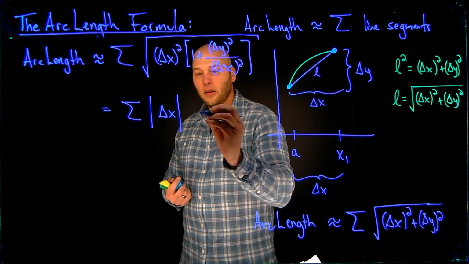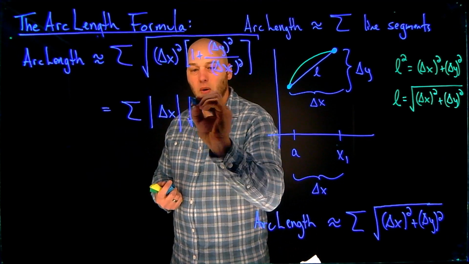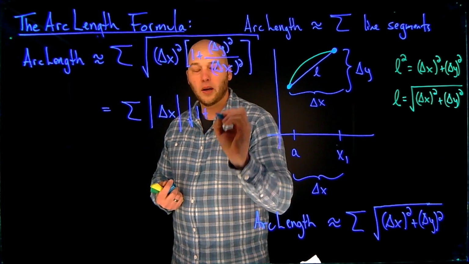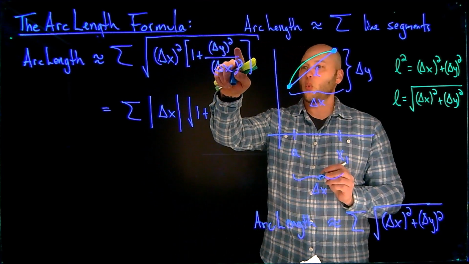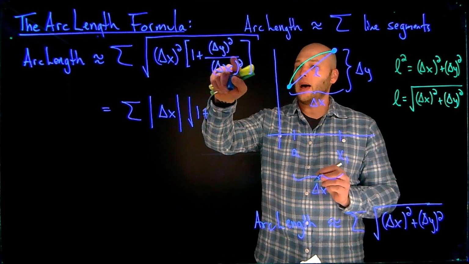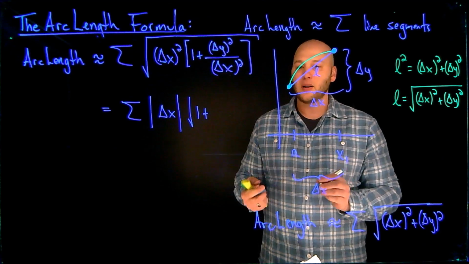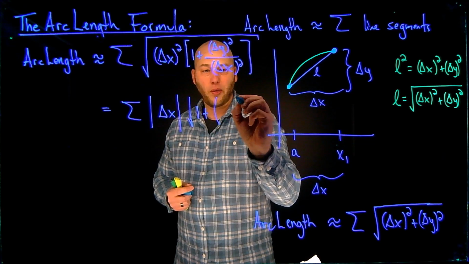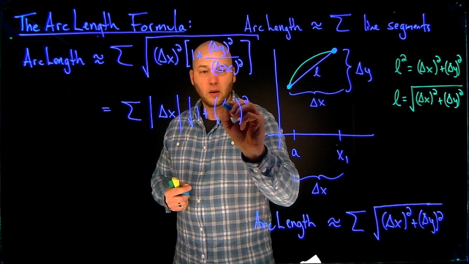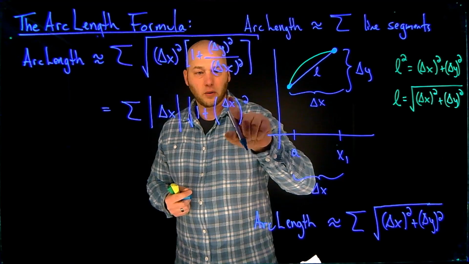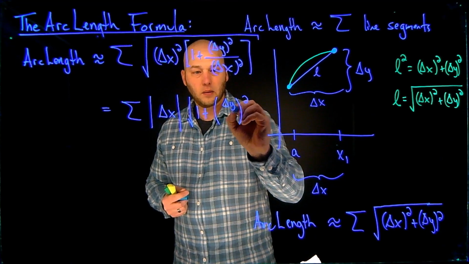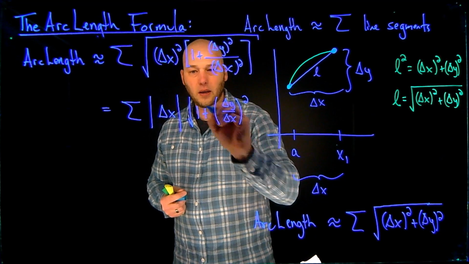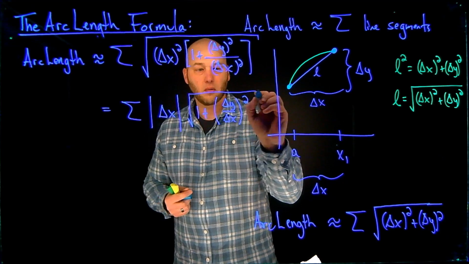And then underneath the radical, I would have the square root of 1 plus. Now notice this is the square of the change in y, square of the change in x, so just using properties of exponents, I will square the whole thing. I've got delta y over delta x, squared, and that's still underneath the radical.